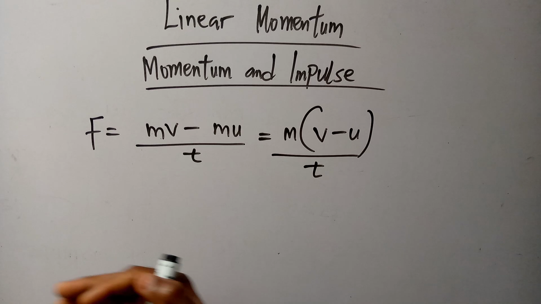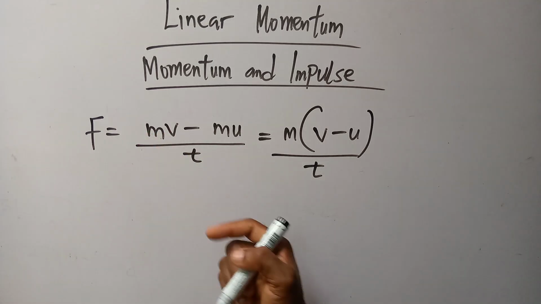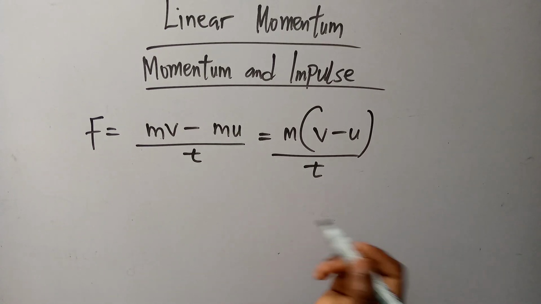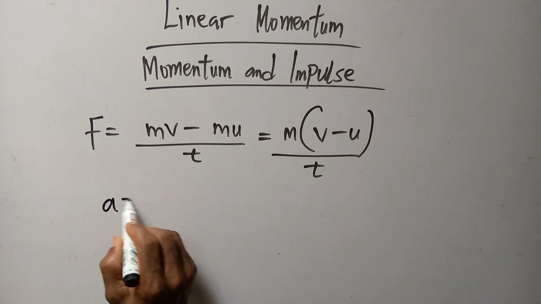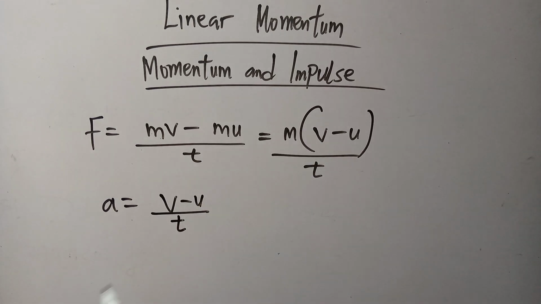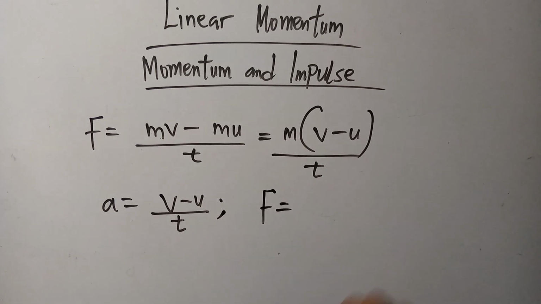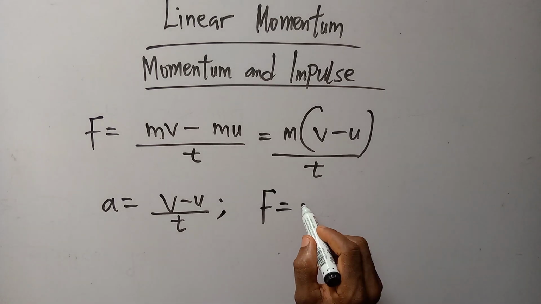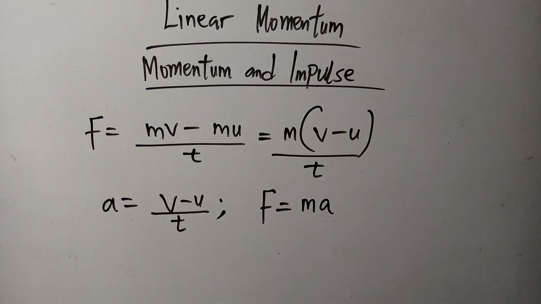So you can calculate the force using the product of mass and velocity change divided by the time. Also recall that acceleration is equal to v minus u over t. So therefore, your force can also be calculated using the product of mass and acceleration, F equals ma.